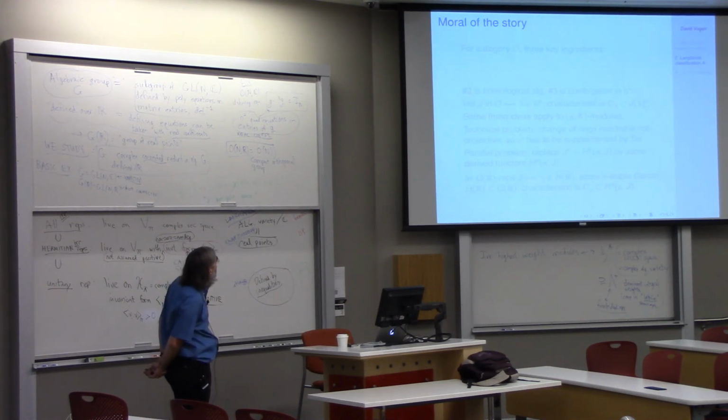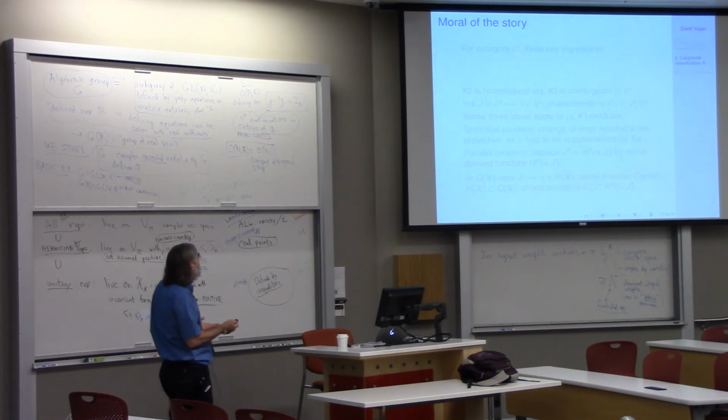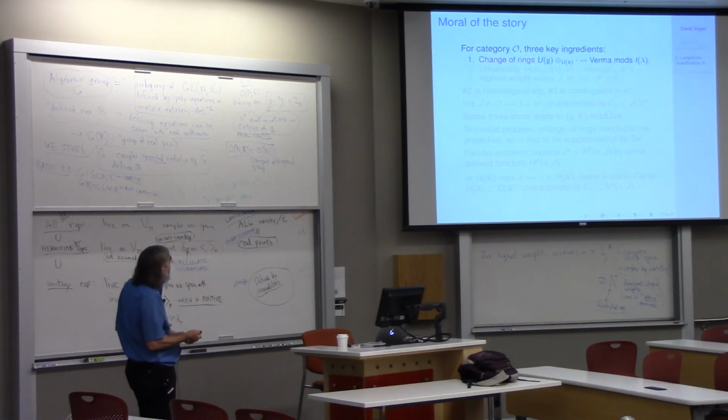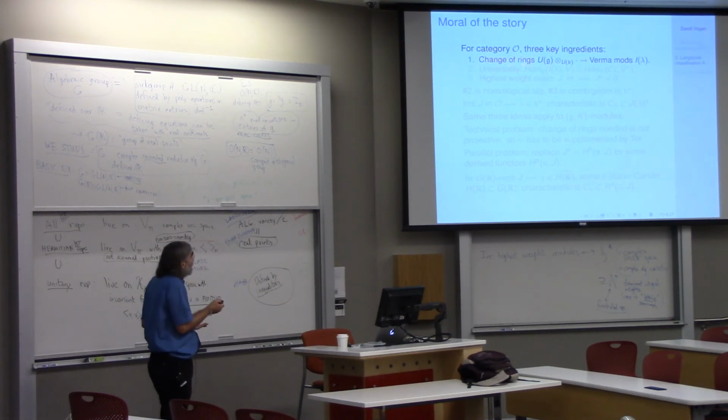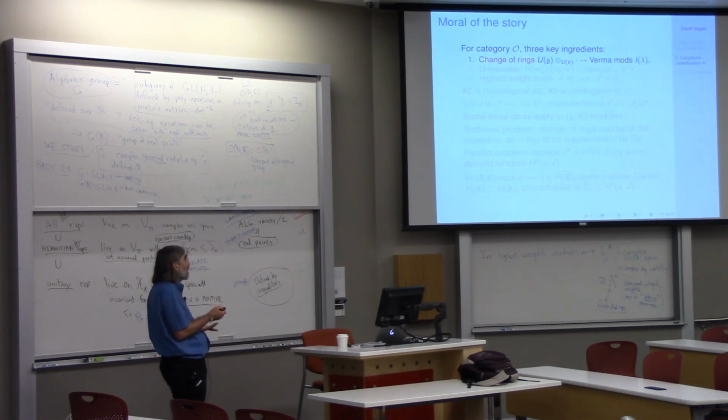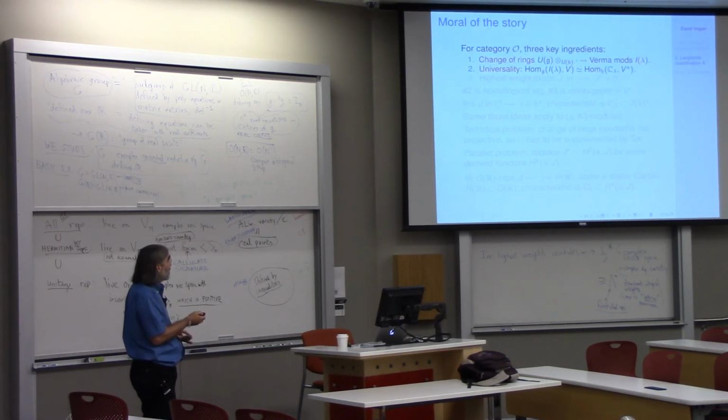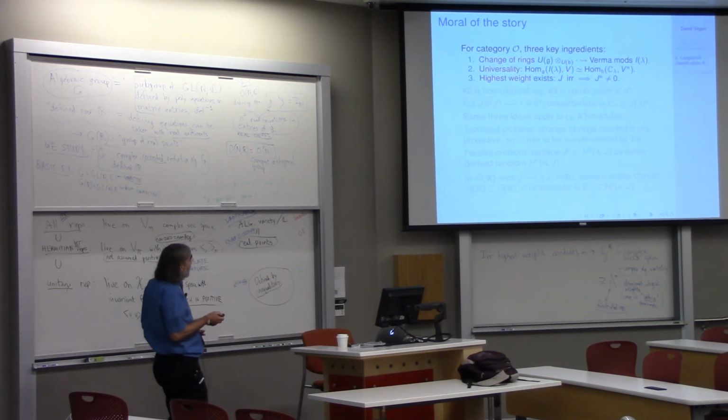I'll just say this, that in category O, there are 3 big ideas that matter. The big one is that these Verma modules are defined by a change of rings functor, and therefore you get this universality property of the Verma module. And the third thing is that highest weights exist.